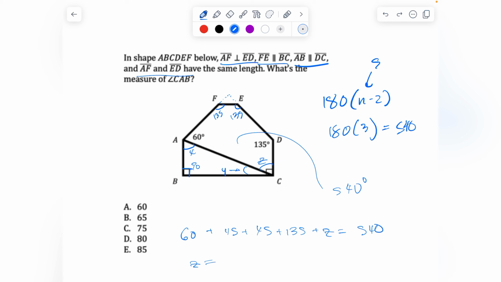So let's revise this. 135, 135. So 540 minus 135 minus 135 minus 135 minus 60 is equal to 75. Okay, so Z is equal to 75. Let's write that in right here.